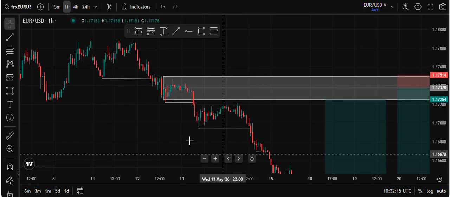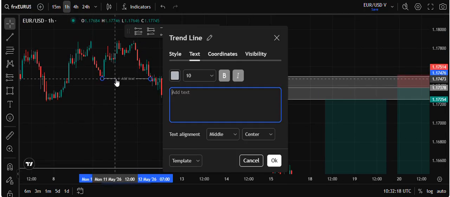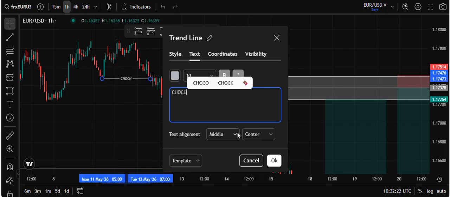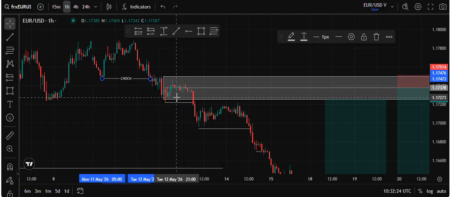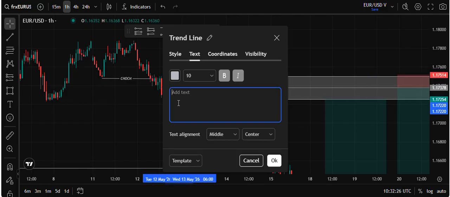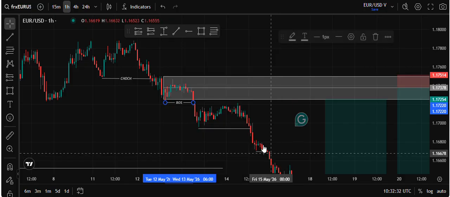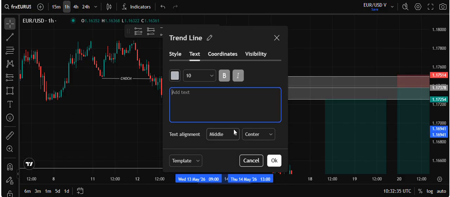These are all change of character. This is BOS. Break of structure. Another break of structure.